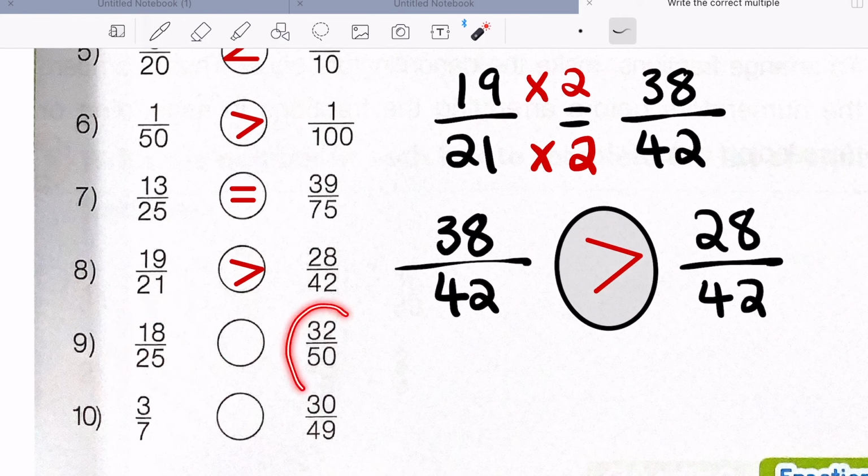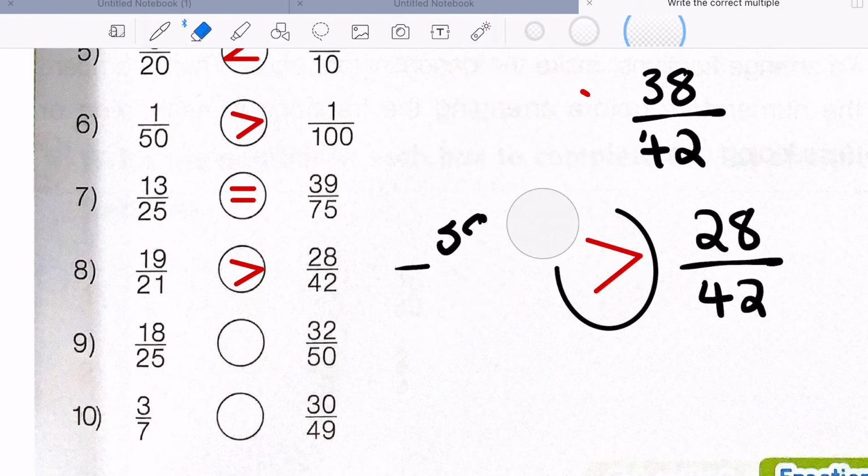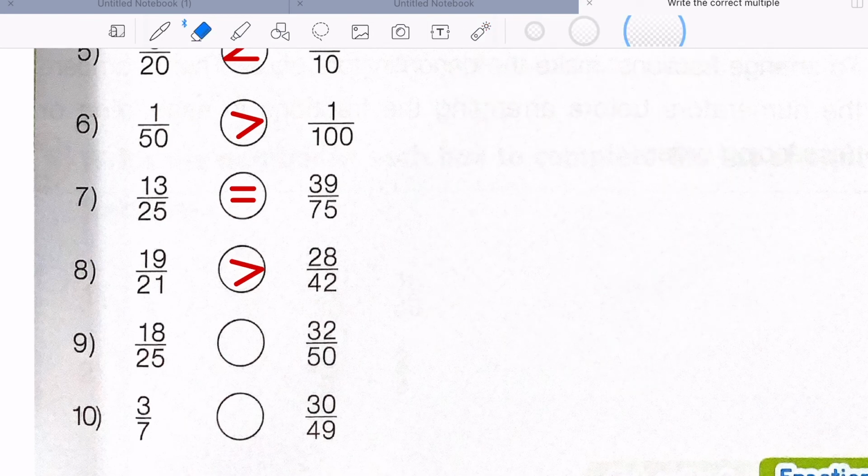Okay, let's take a look at number 9. 18/25ths compared to 32/50ths. So we have to turn 25 into 50 to make it the same denominator.